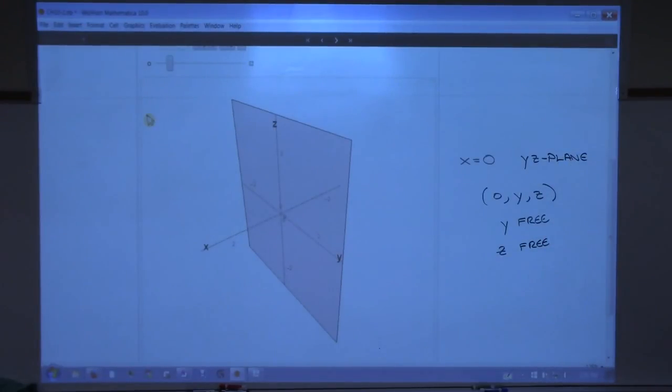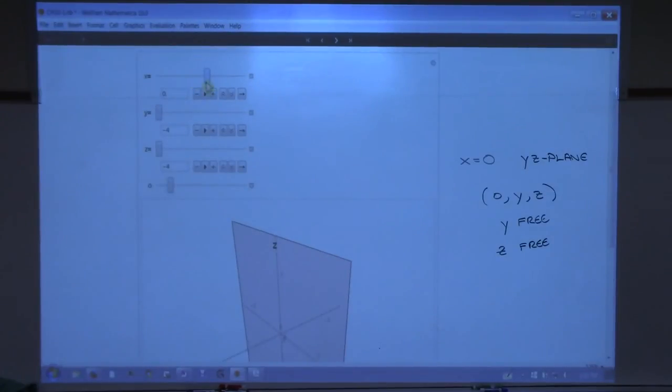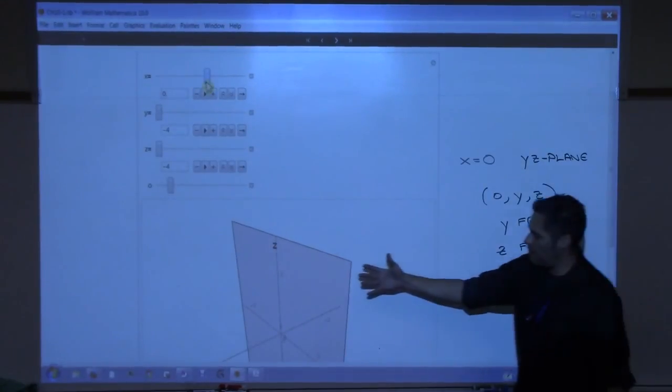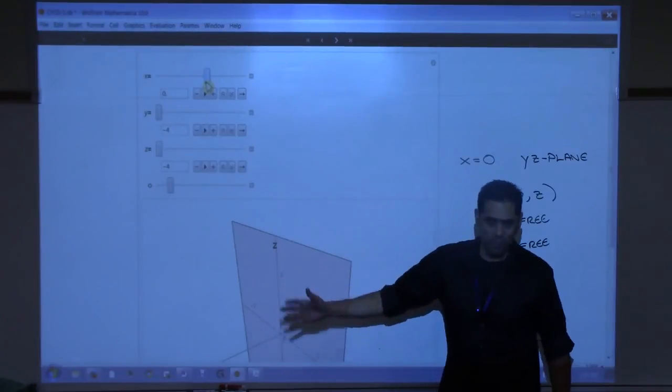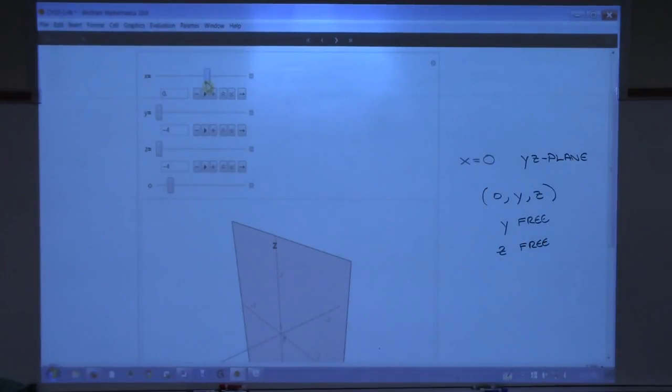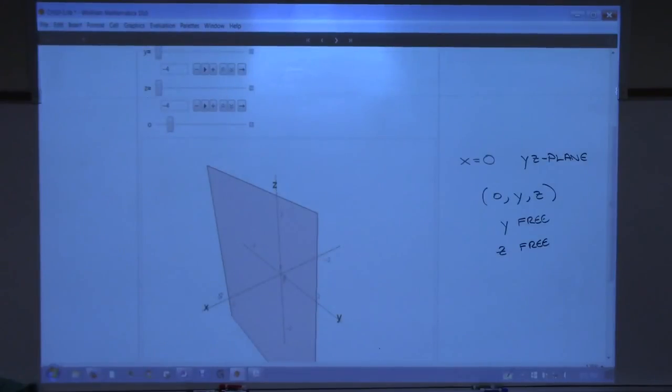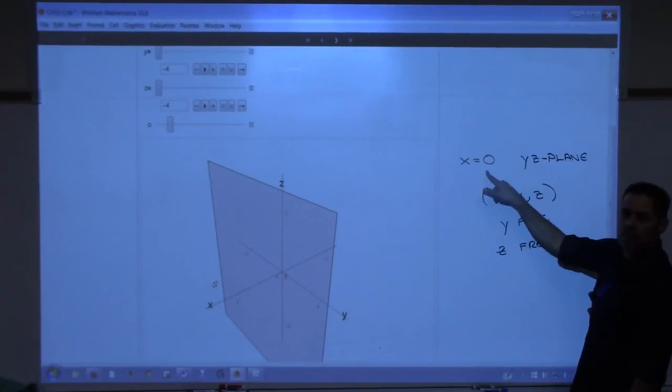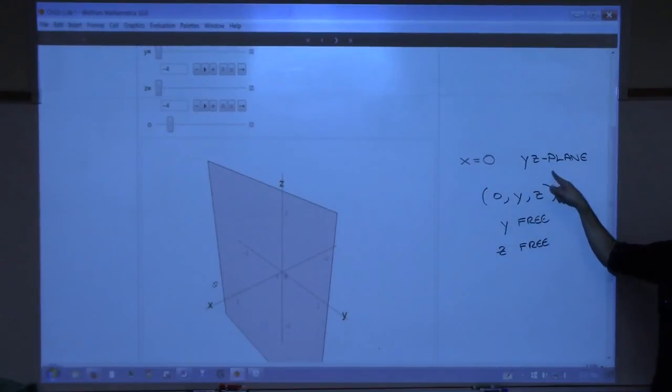And then if I let x be 1, that's going to move that whole plane, right, out towards us. So we're going to get another plane, but do you see there's that gap now, right? So you could say x equals 1 is a plane that is parallel to the yz plane, isn't it? It's just moved out one.